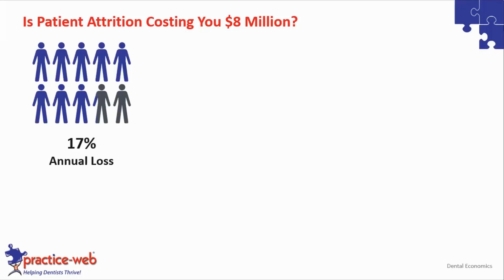So let me give you a couple of statistics that bring that into a really good picture for you. In Dental Economics, there was a study done on the average annual loss of patients that leave that back door I was referring to, and it's somewhere around 17%.